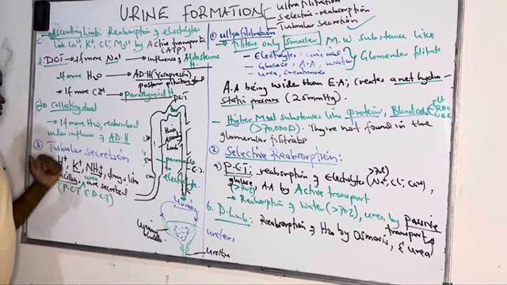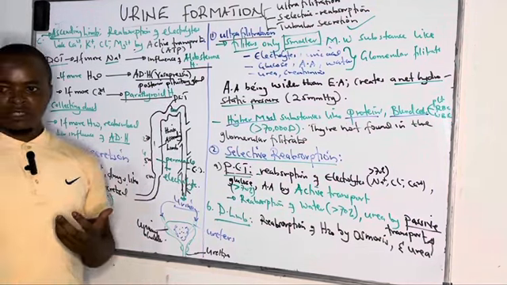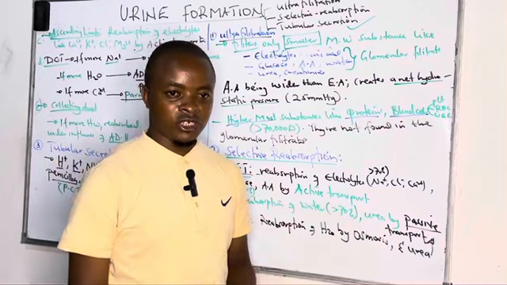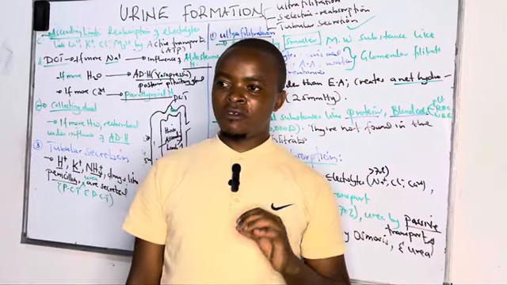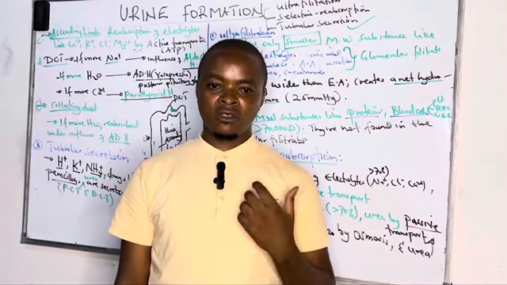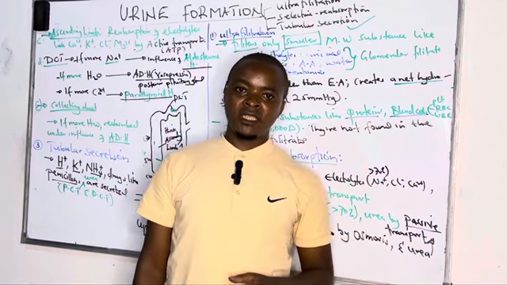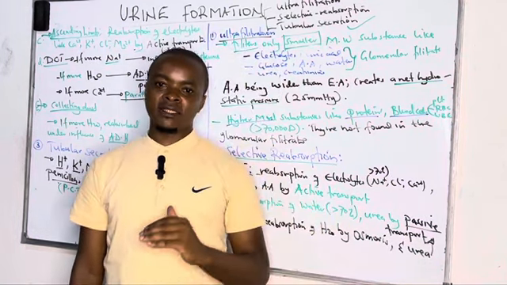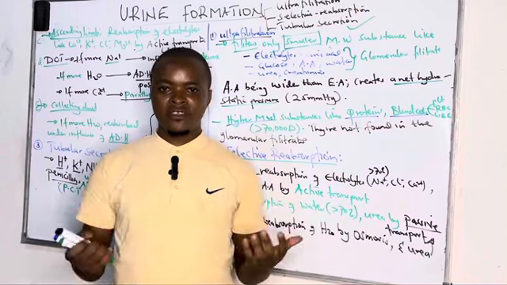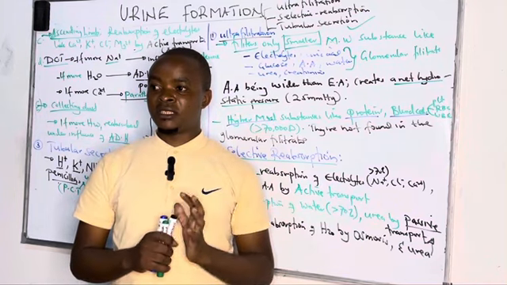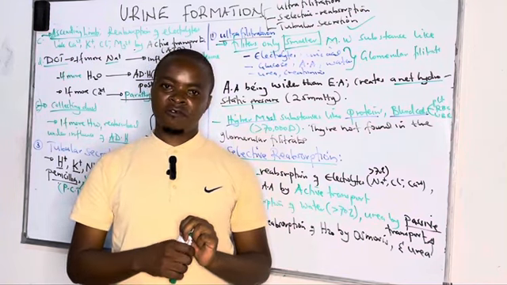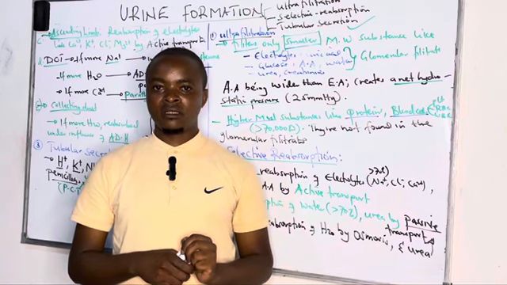And lastly, under tubular secretion, we see secretion of hydrogen ions, potassium ions, ammonium ions, penicillins, and urea, which join the filtrate and finally form urine.